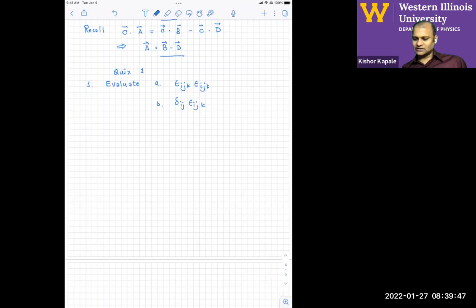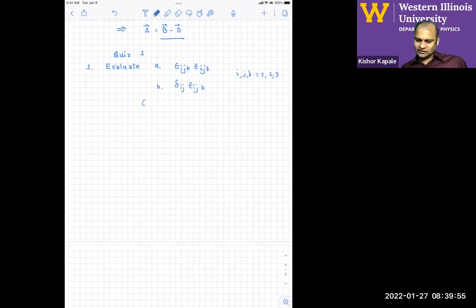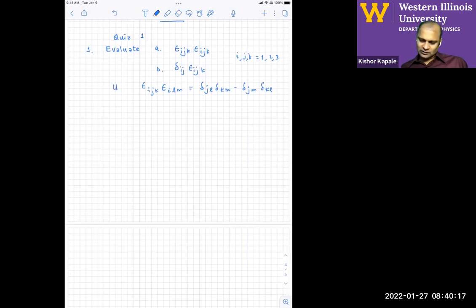Do not forget the Einstein summation convention. i, j, k run over the values 1, 2, 3, and I will give you this expression of epsilon ijk epsilon ilm to be delta jl delta km minus delta jm delta kl. So you can use this.